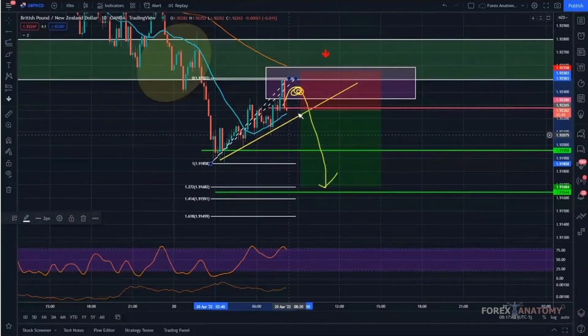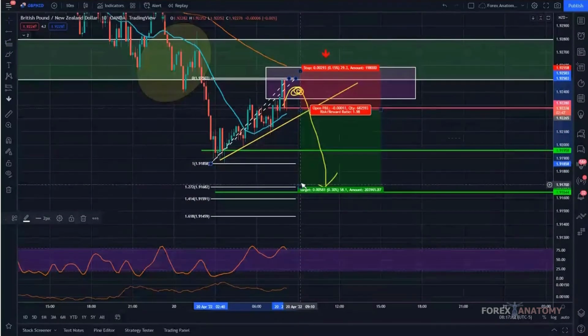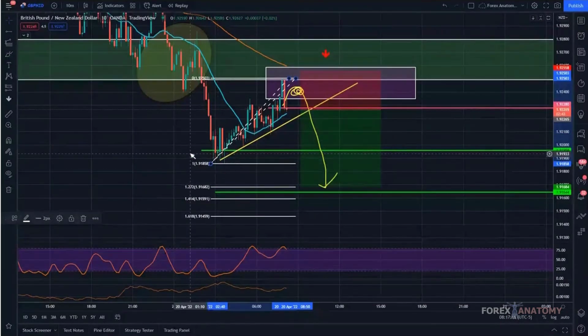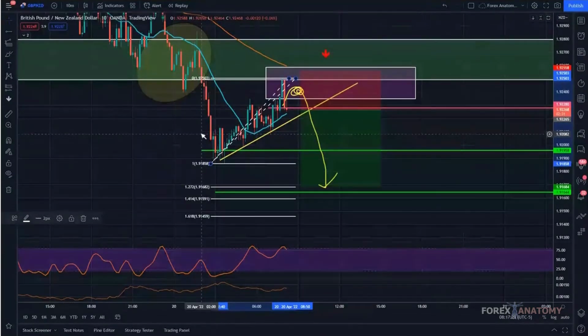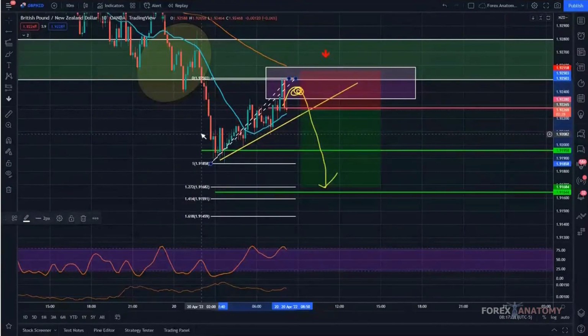But yeah, I'm just going to jump in right now. Stop at 92.56, you could say. And I'm going to go in small because we don't have a break of that level yet, but let me just go in.